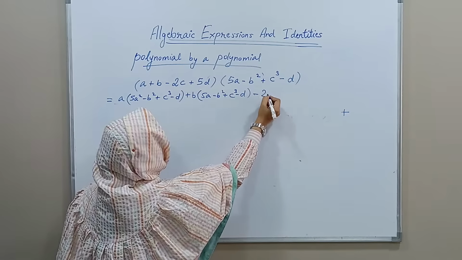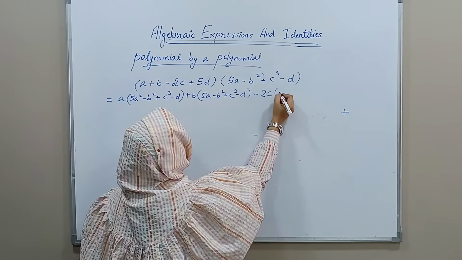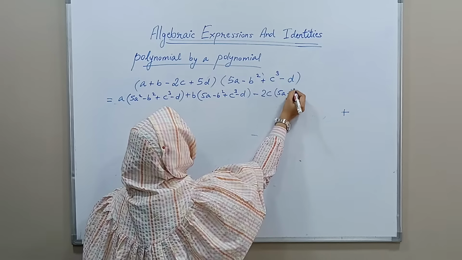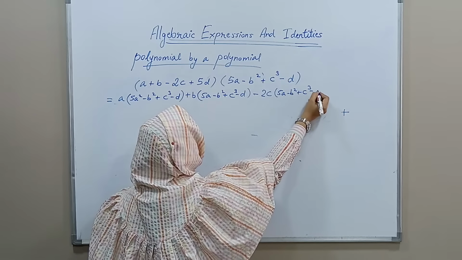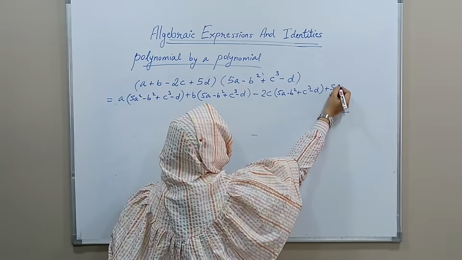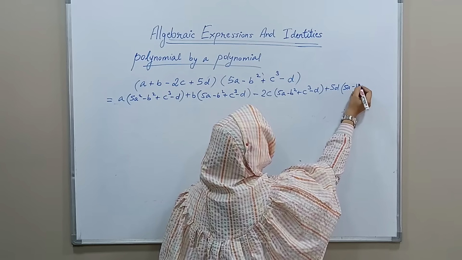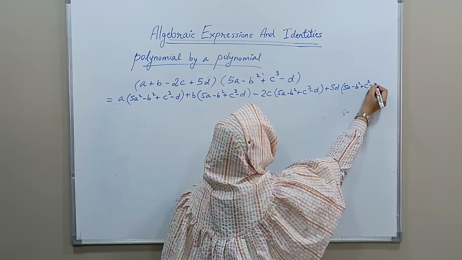Then the third term, that is minus 2c, and again the complete expression 5a minus b square plus c cube minus d, and the last term, that is plus 5d, and the complete expression again 5a minus b square plus c cube minus d.